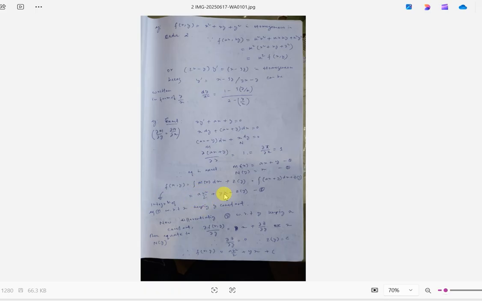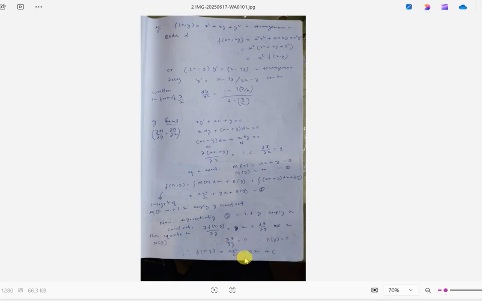Then the differentiation of yx will be x, and the differentiation of z of y will be del z by del y. Now we already know this is equal to x. So what we get is that the partial of z with respect to the partial of y is equal to 0. So z is nothing but a constant c.